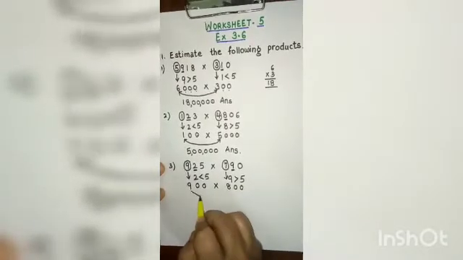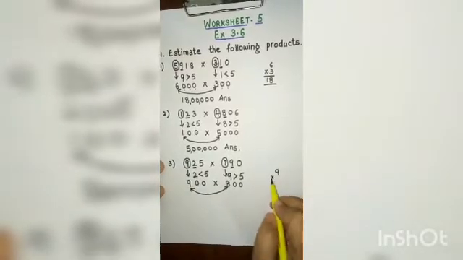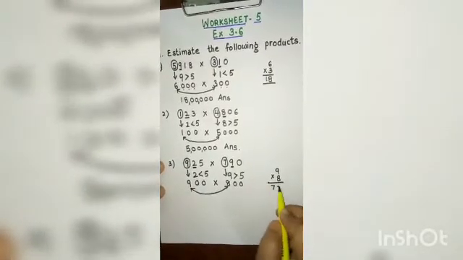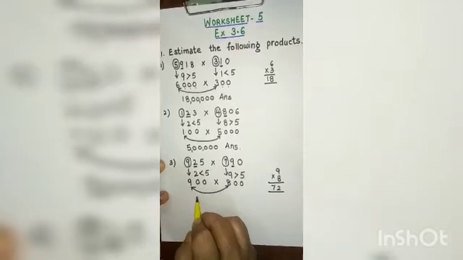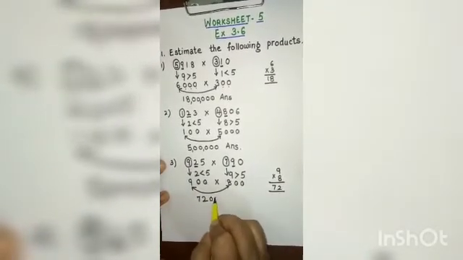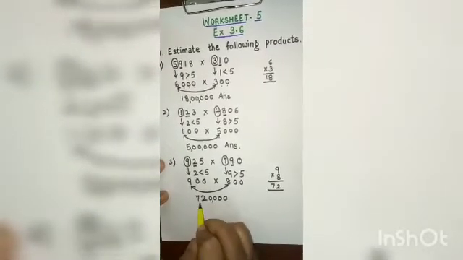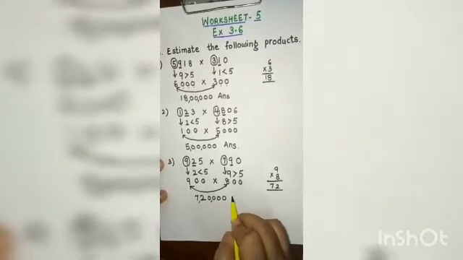So when you multiply these two digits, 9 multiplied by 8 gives you 72. 72 can be written here and there are 4 zeros. So when you write down the zeros, after that put commas. It is 7,20,000.